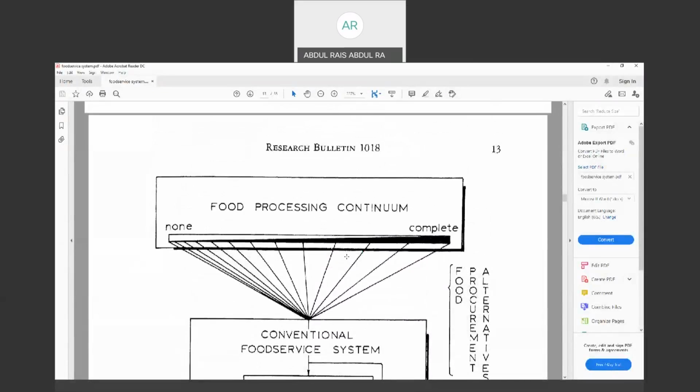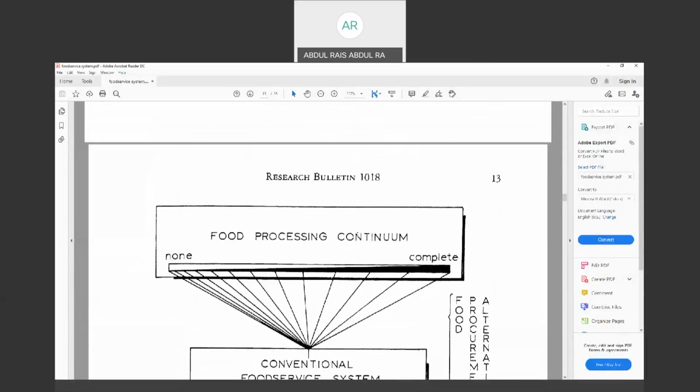Okay, continuum yang dimaksudkan sini ialah ni, food process continuum. Kalau makin sebelah kiri, maksudnya food ni dalam keadaan yang paling mentah lah. Okay?